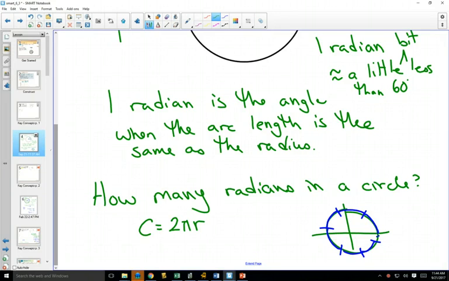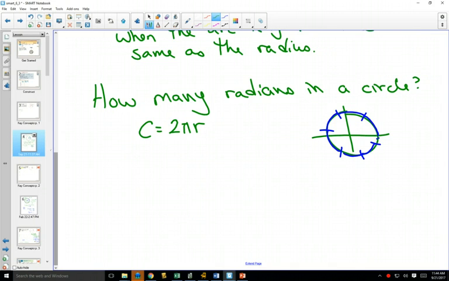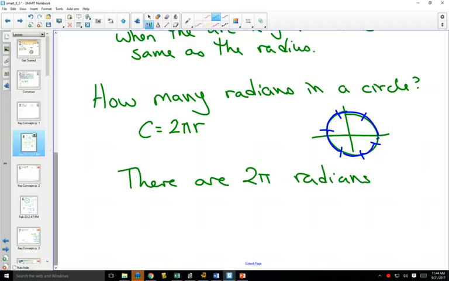Since there's 2 pi radiuses in a circumference, there are 2 pi radians in a circle. Which then allows us to do some comparisons.